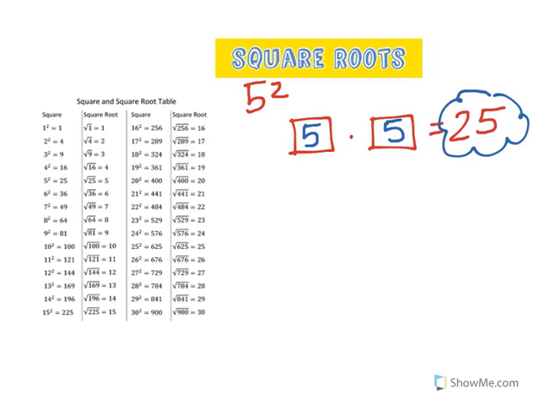So you're supposed to have all of these memorized, all the perfect square roots. So 1 through 15 and 16 through 25.